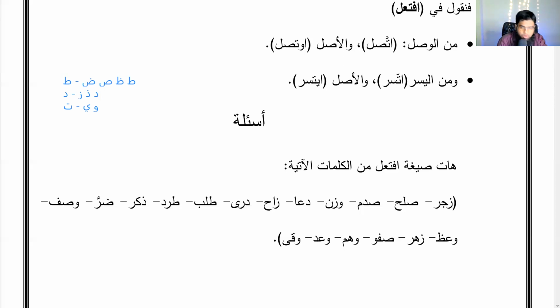Now we have to make it form 8. So how will we make it? Yes, dal, correct. So the first answer: zajara is to repel. We'll add an alif in the starting, and then zai, and then we have to put a ta.